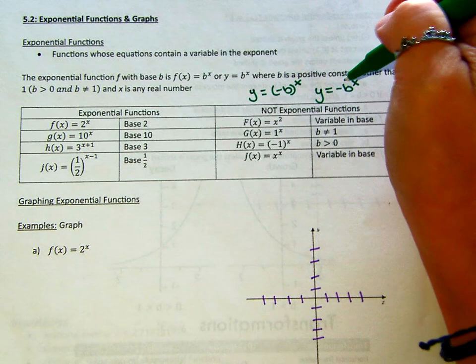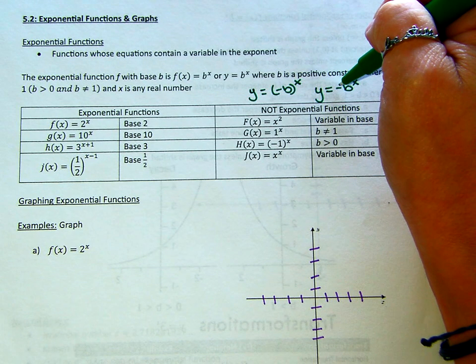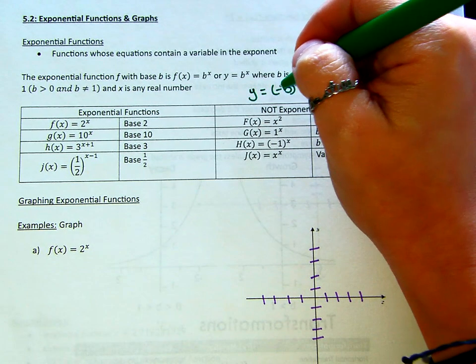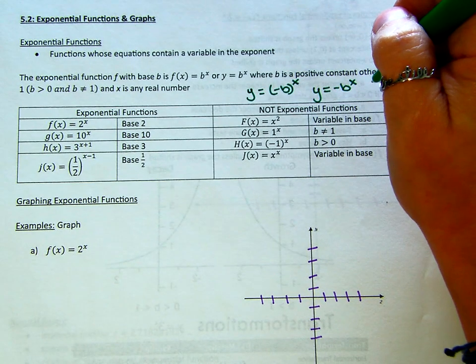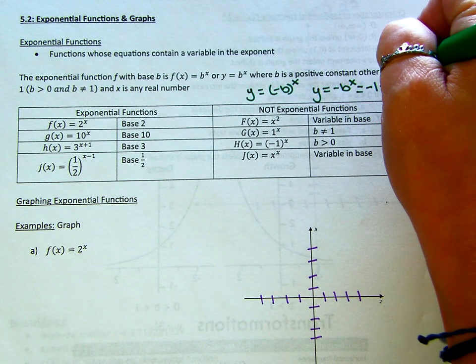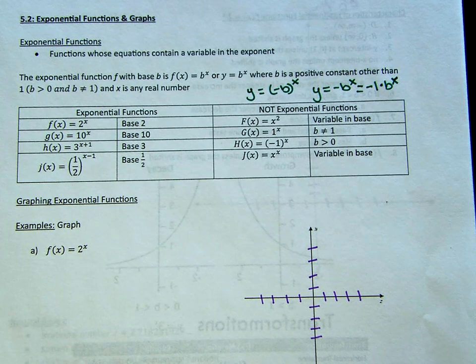This negative out front simply tells us that we are going to be reflecting over the x-axis. So these are different. This one we cannot do, this one we can. Because what this is, it's a negative 1 times b to the x. So just kind of pointing that out before we dive into the graphing side of this.